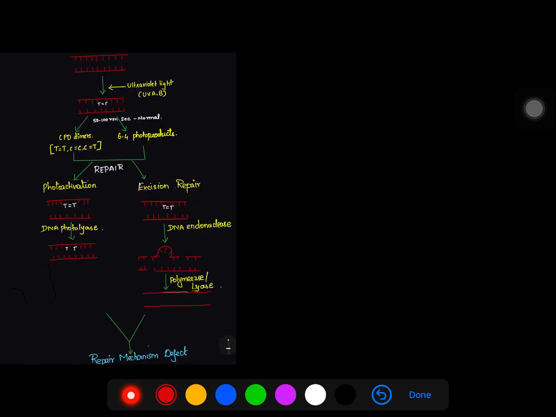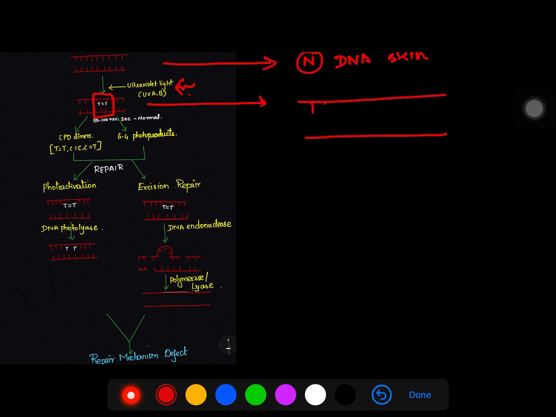So let us see thymine dimer formation in detail and how it is repaired. Here is a normal DNA. We can take it as skin DNA because we are talking about skin today. On exposure to UV light, there is some defect in the structure of the DNA: a dimer forms between two thymines in the DNA strand.